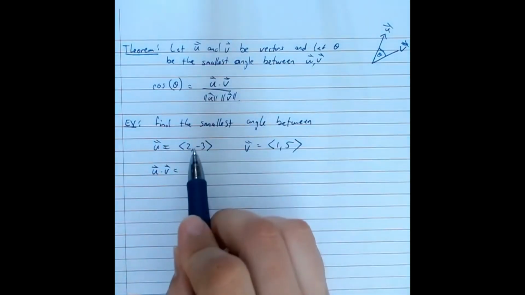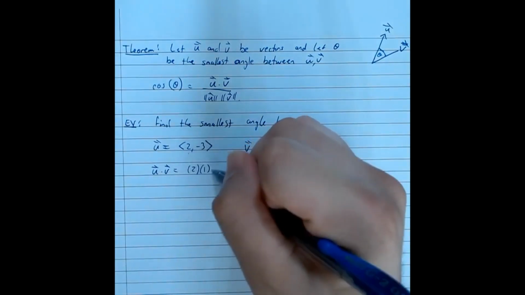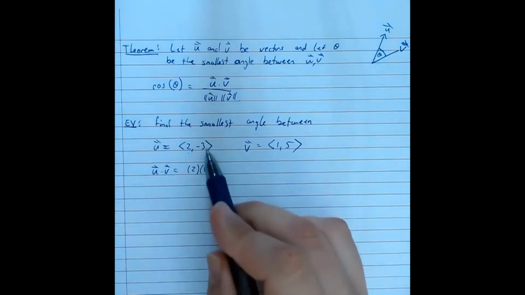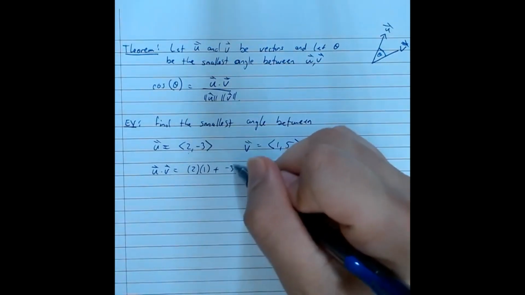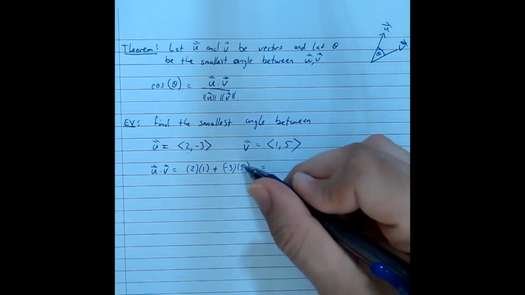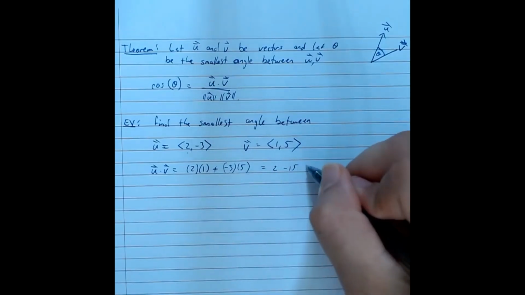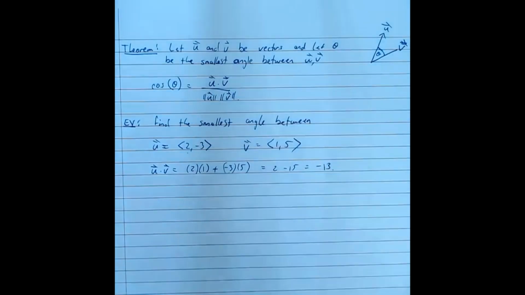All right, well, that's simple enough. First component times the first component, plus second component times the second component, and that's going to give us 2, and that's a negative 15. So that's going to give us negative 13. Okay?